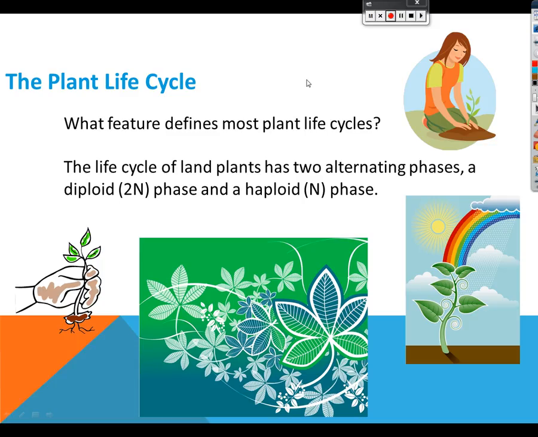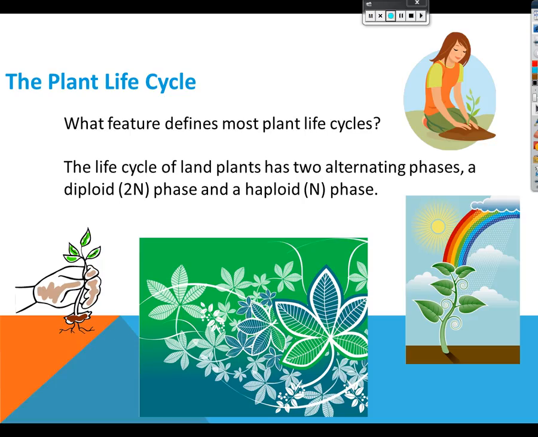So now let's talk about the gametophyte and sporophyte phase of the plant. Remember that the gametophyte and sporophyte phase of the plant cycling around is what's referred to as the alternating phases of the life cycle of a plant.